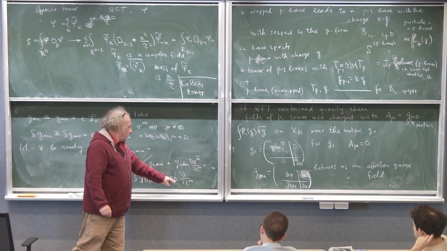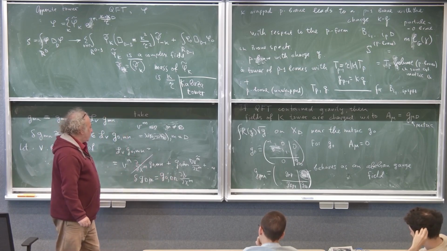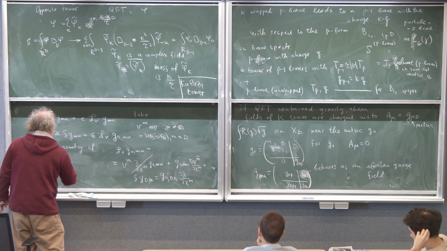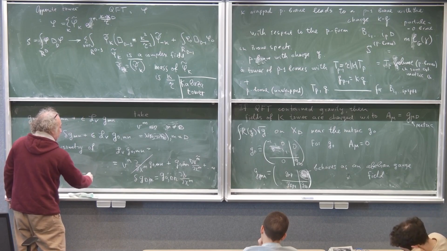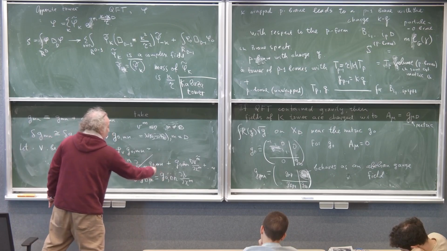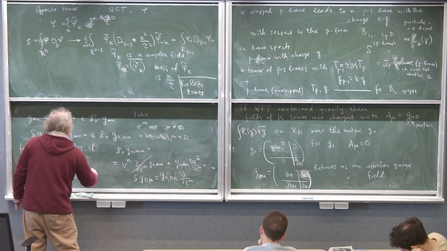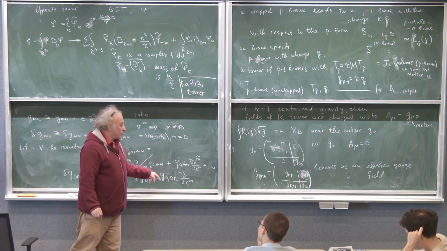So here n equals d. And I see that the variation of g dm equals, up to some constant factor, d lambda over dx^m. So if I need it, I would restore this factor.